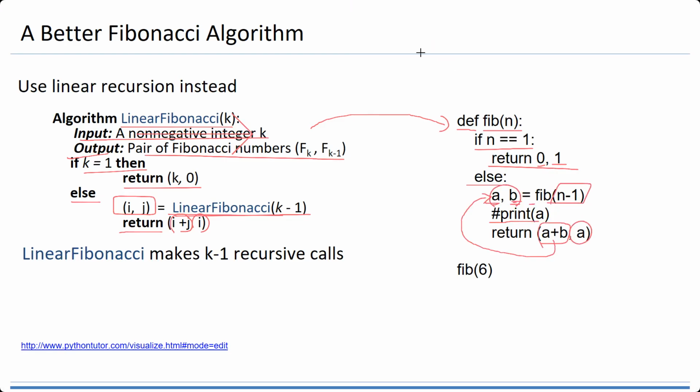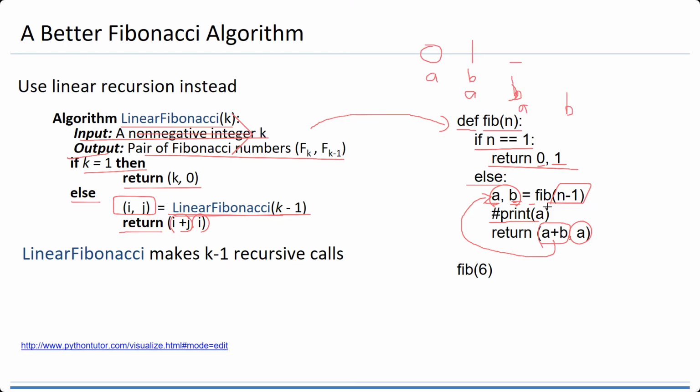So I can say it like this. This is 0 and 1. Now this is the a and this is the b. When we go to the next step, now it will be the a and it will be the b. And then if you go again, this will be the a and this will be the b.